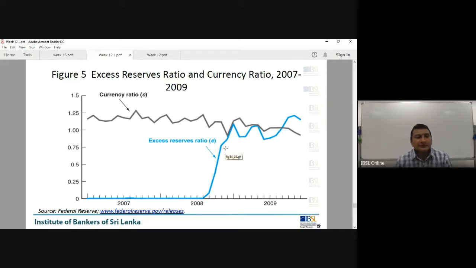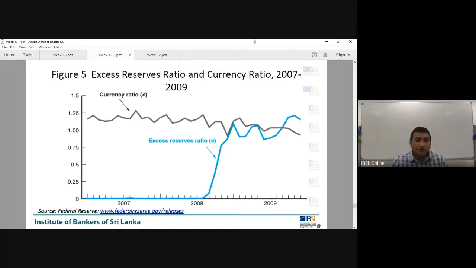It has gone above the 1% level in the US during this period. It's very strange, but yes, all the money that was expanded by the US Fed Reserve, the expansion in the monetary base, basically was left with banks as excess reserves.